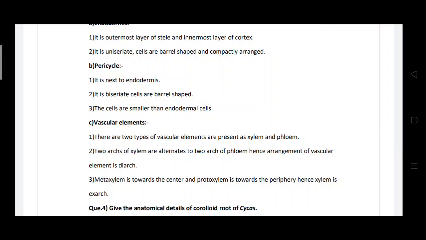In the young roots of the cycas, the stele shows two arcs of xylem which alternate with two arcs of phloem.